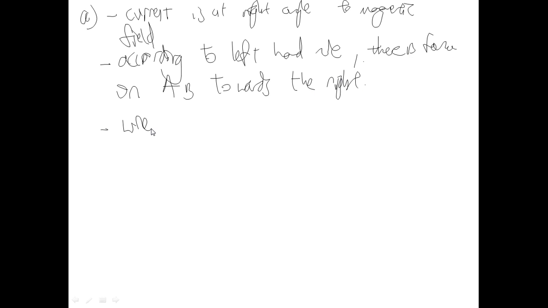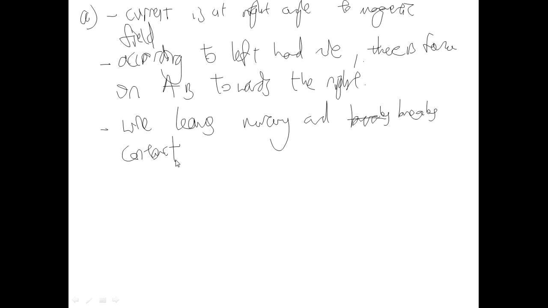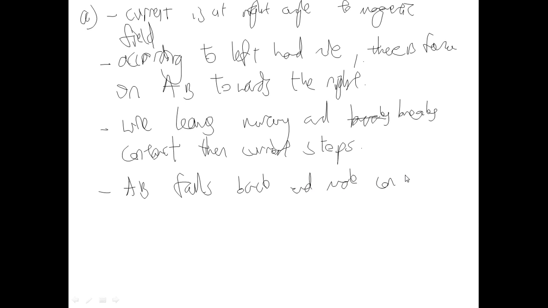So the wire leaves the mercury and breaks contact. Then the current stops. So when the current stops, AB falls back and makes contact again.